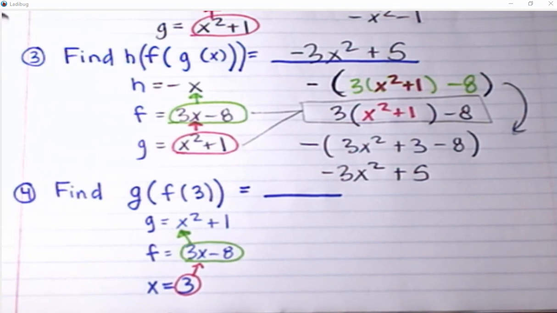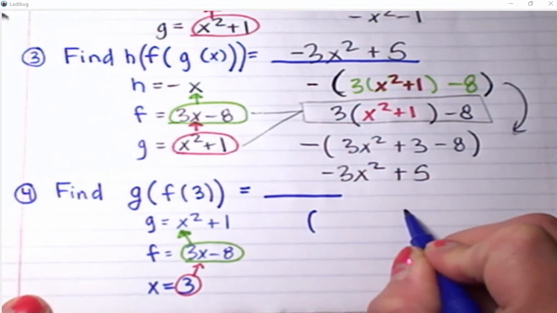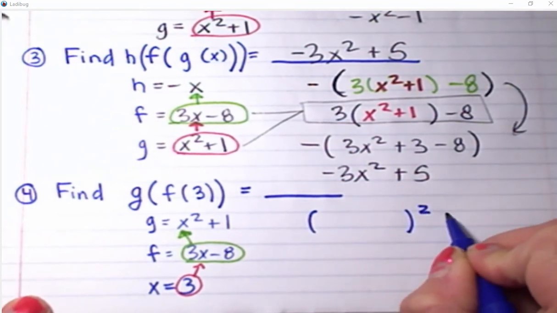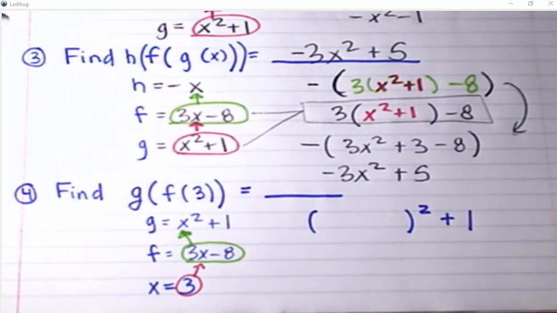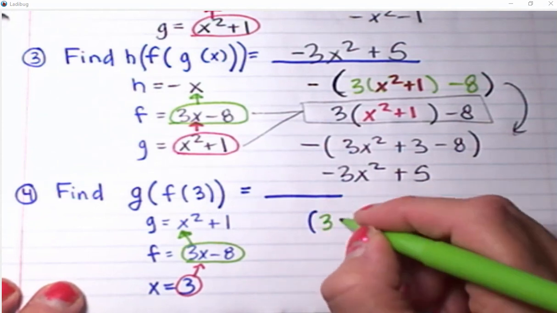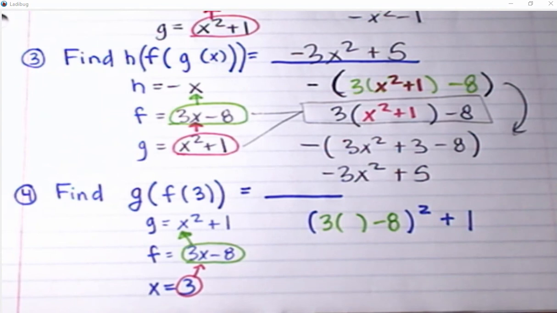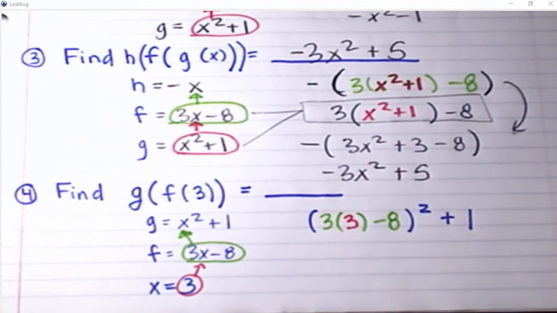Let's see if I can do this. I'm actually working it outside in just to see if you guys can recognize it. Just kind of look at how I set it up.